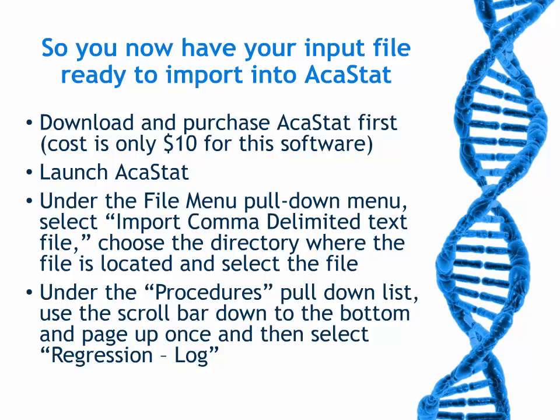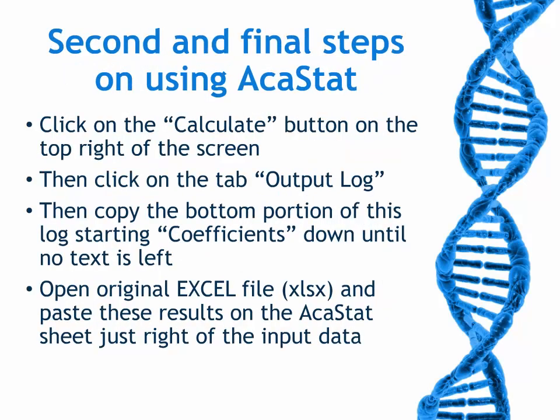This is the model that you're selecting to emulate or to model with your data that you've now input. Next, on the top right, you click on the button called Calculate, and it'll actually go through and calculate it. And it takes less than a second to calculate all the stuff.